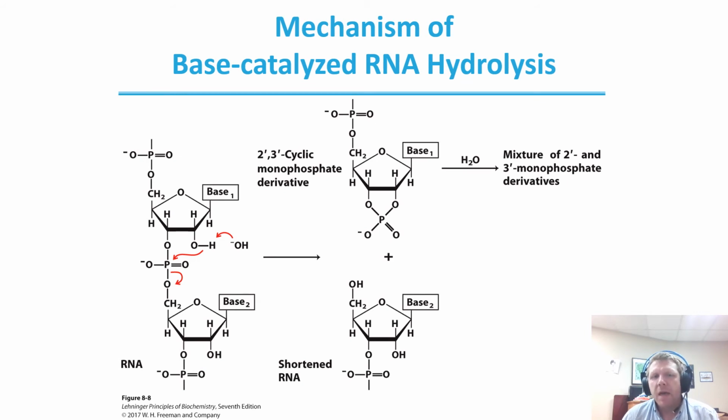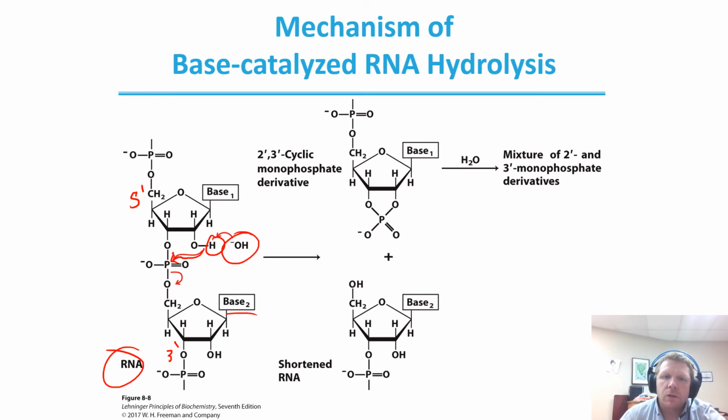So the mechanism for this hydrolysis would look something like this. So you've got an RNA molecule right here, 5' down to the 3'. Base number 1, base number 2. What happens is a hydroxide ion comes in and picks up this hydrogen, which these electrons are then able to go down towards that phosphorus.